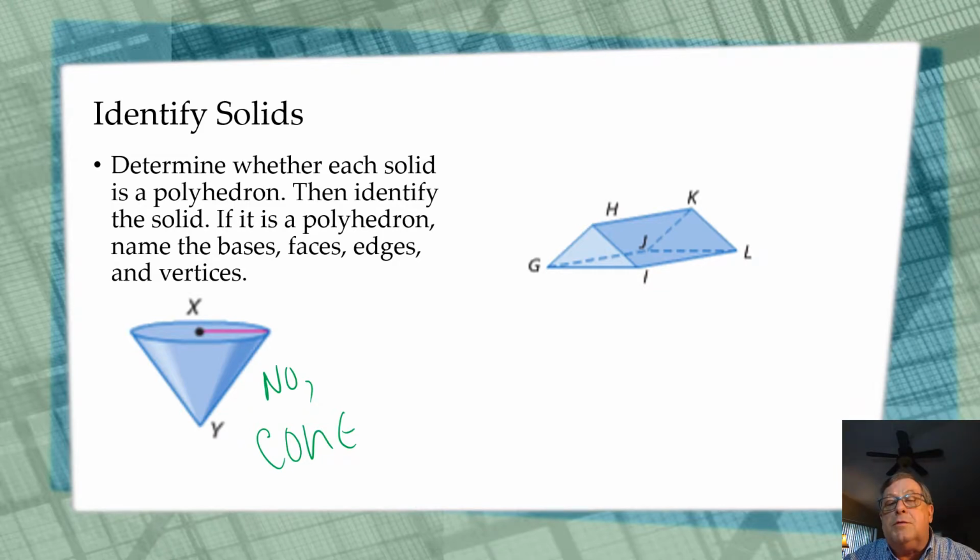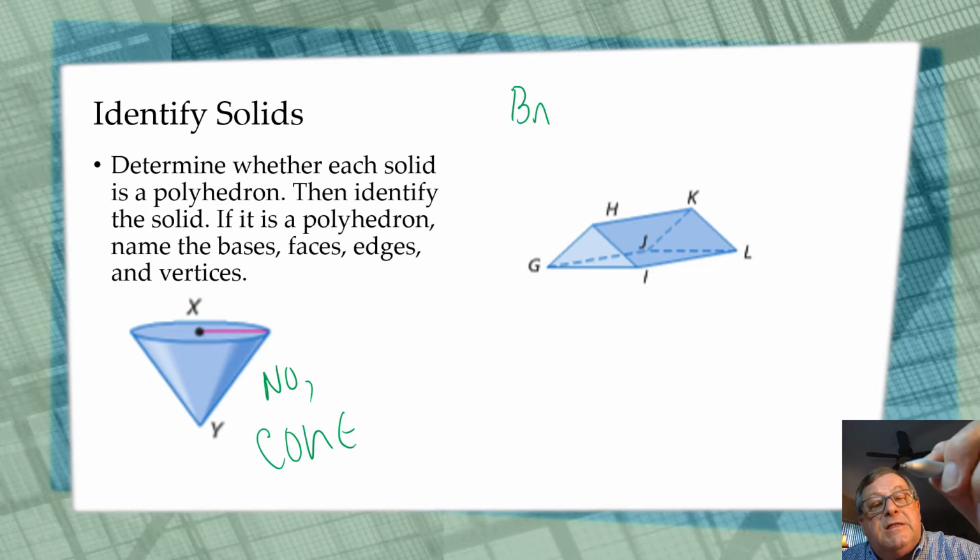Two little triangles on either end of this solid object, and we do consider those to be the bases. So it's a triangular prism. It gets its name from those two bases on either end of this object. So let's identify the bases.